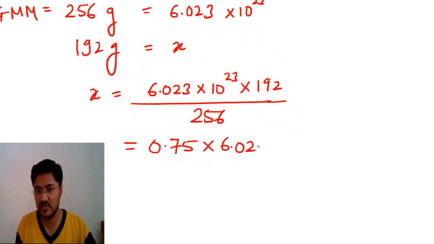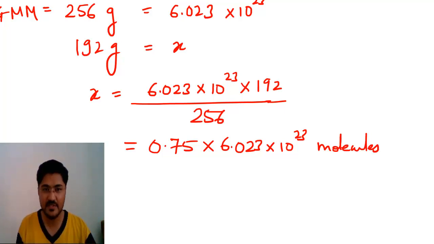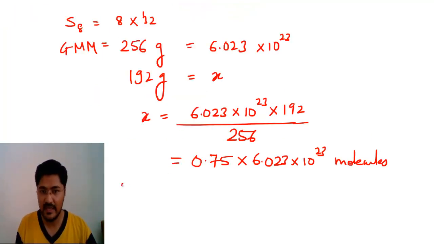into 6.023 into 10 raised to 23, and the number of atoms would be X into 8, as one molecule of sulphur contains 8 atoms of sulphur.